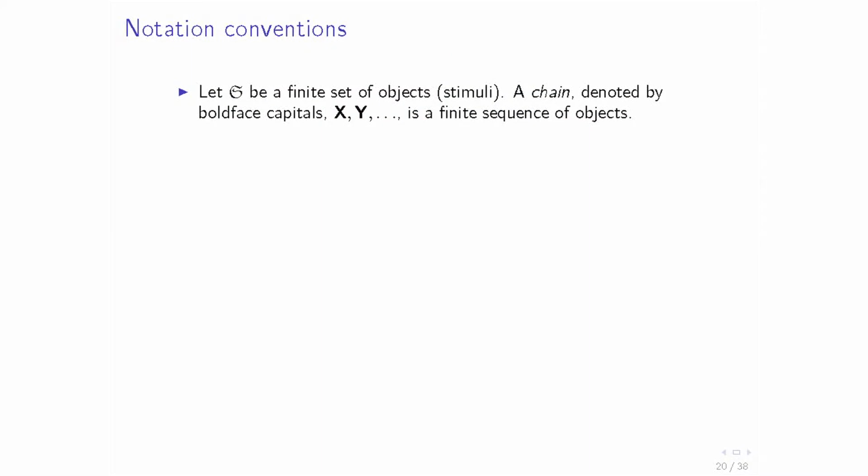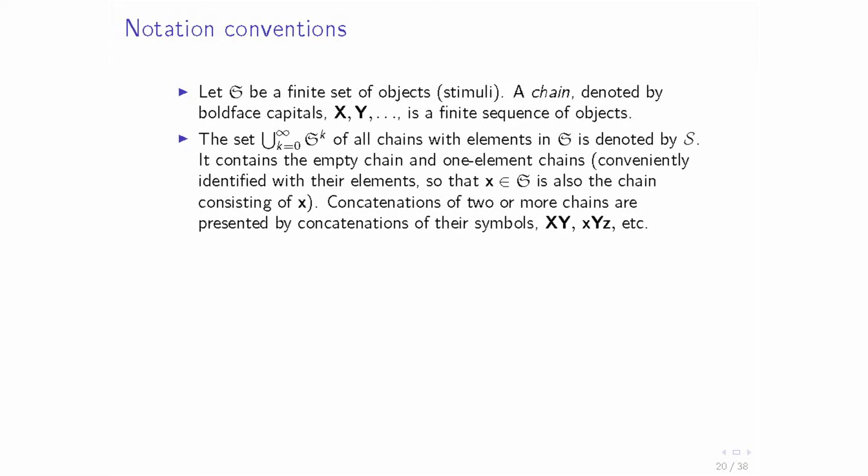So let calligraphic S be this set of stimuli. Then we denote chains by boldface capitals, as a finite sequence of objects, and the union over all possible chains with elements in S is denoted by script S. It contains the empty chain and one-element chains, conveniently identified with the element, so that X, an element of calligraphic S, is also the chain consisting of X. Then we can concatenate two or more chains, represented simply by concatenation of their symbols.